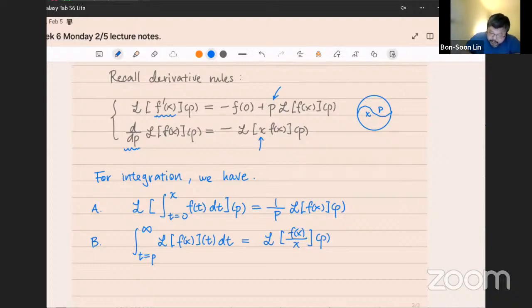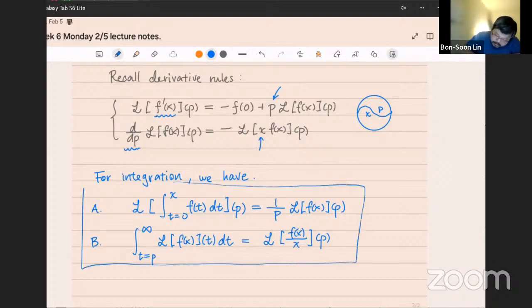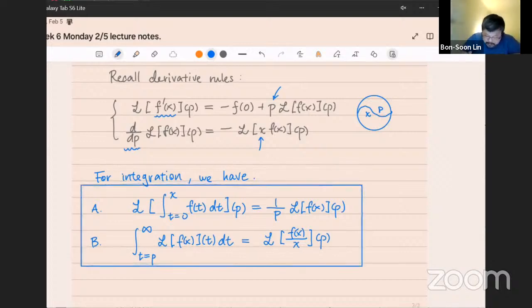After you integrate, this should be a function of p. So these are the integral rules. We have an inside one and an outside one, and it parallels the derivative rules. Instead of multiplication, we have division. Division by the variable corresponds to the integration of the other variable on the outside or inside correspondingly.